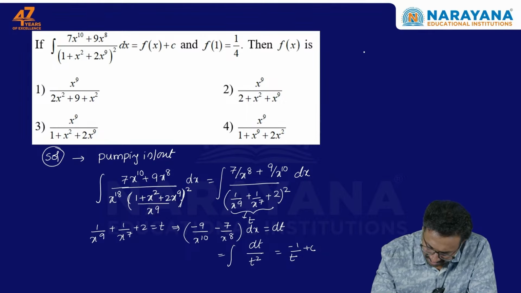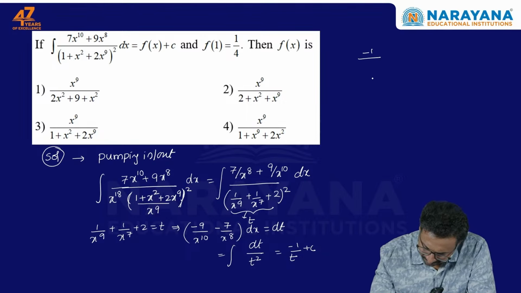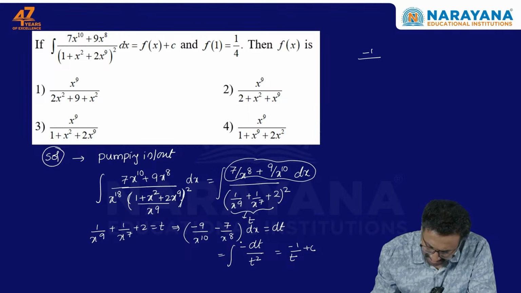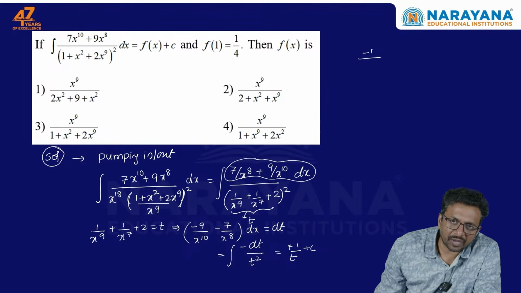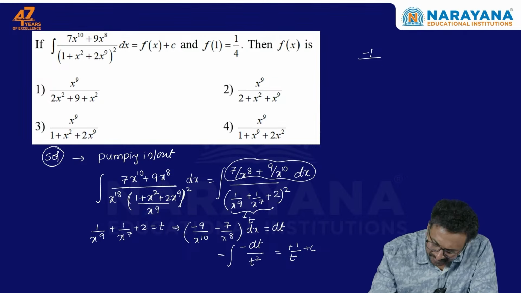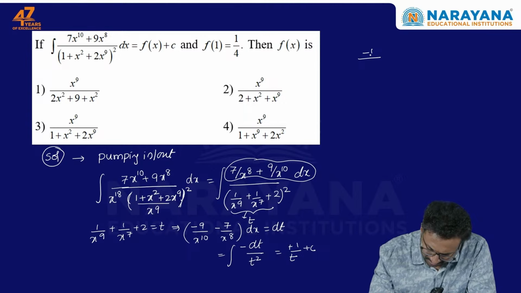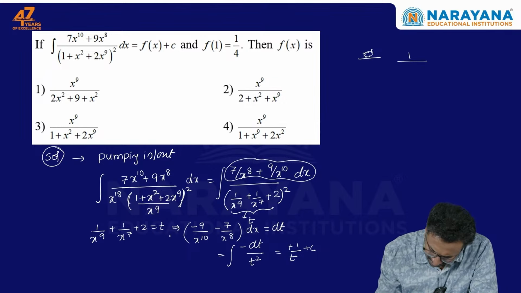So if you can see 7 by x power 8 plus 9 by x power 10 dx is minus dt. Sorry. So minus 1 by t square integration will be plus 1 by t. So the value of the integral is 1 by t, and t is nothing but this.